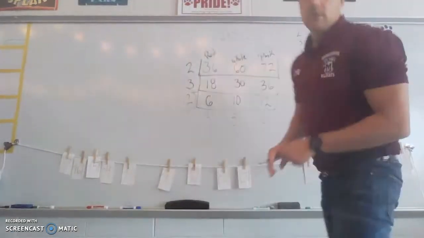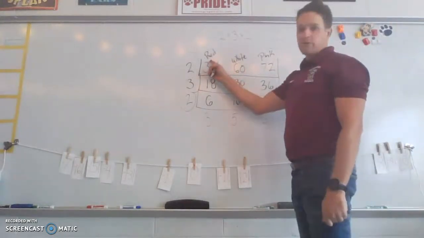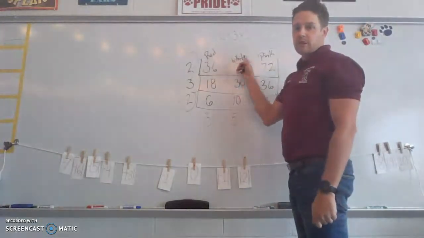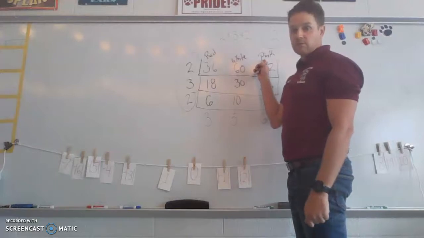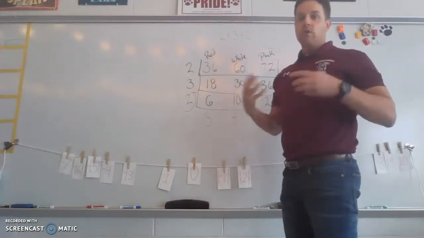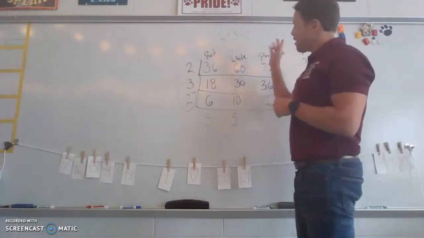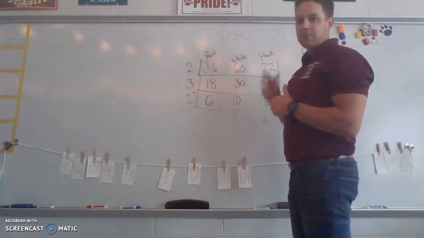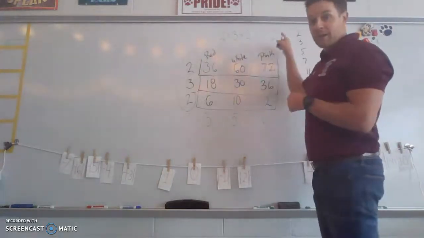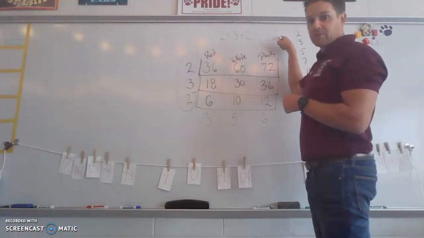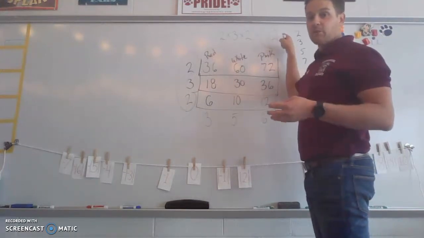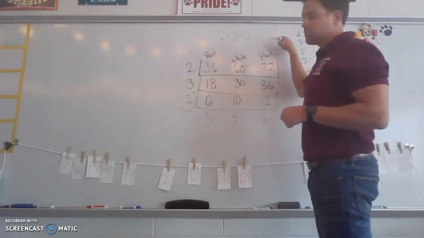Okay, so if you look up here, my reds were 36, my whites were 60, and my pinks were 72. What if they now said, how many red flowers would be in each arrangement? Well, I now know that I'm making 12 arrangements. That's what the greatest common factor told us. So I'm making 12 arrangements.